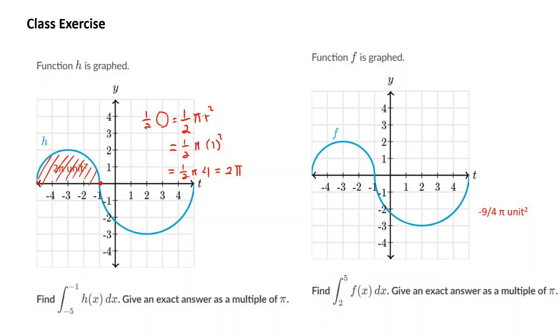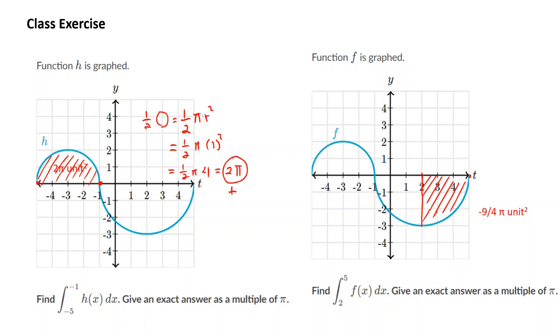For the question on the right, function f is graphed as below. Find the integral from 2 to 5. Where is the 2? 2 is this one, and 5 is this one. So what will be the area here? First of all, we see this is below the y equal to 0 graph, so the result must be negative.